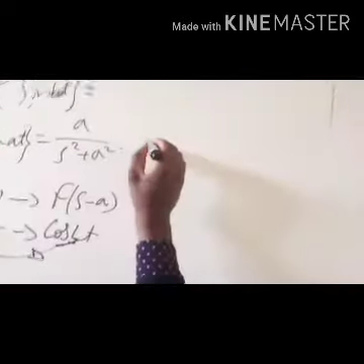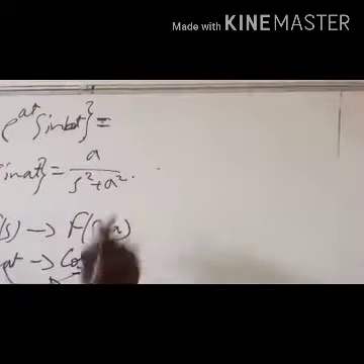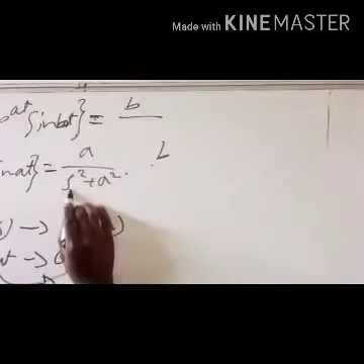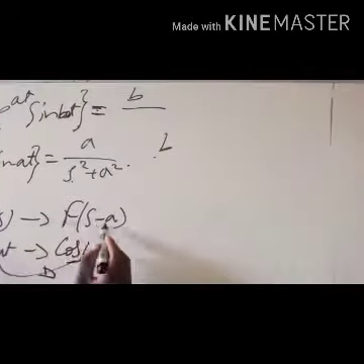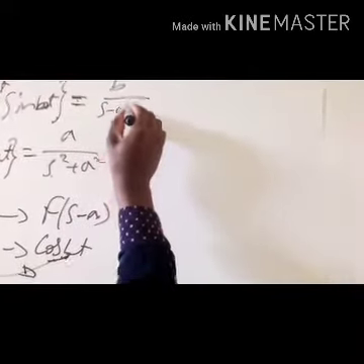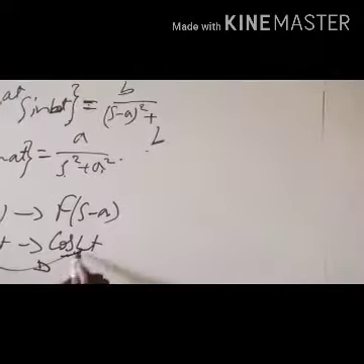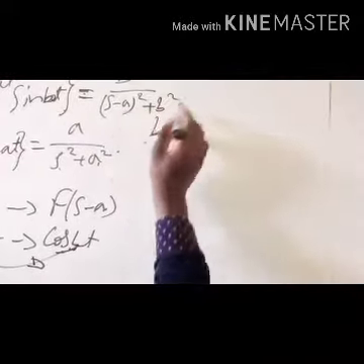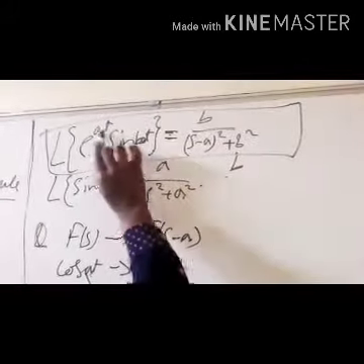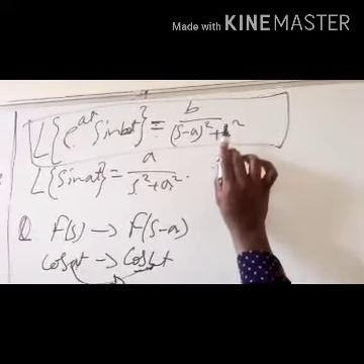So a is b, and s is s − a. This is the Laplace transform of e^(at) sine of bt, which is equal to b over (s − a)² plus b².